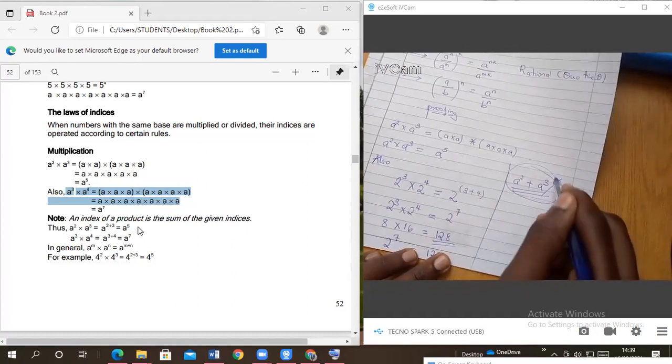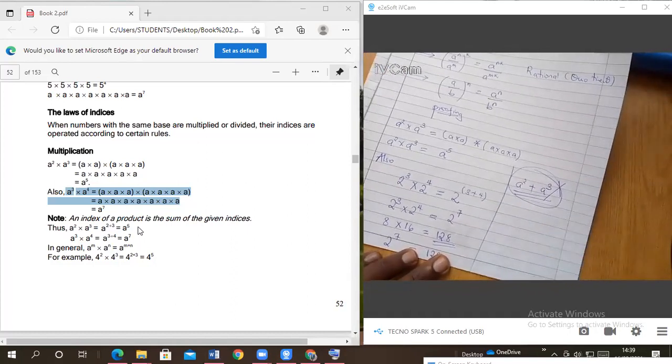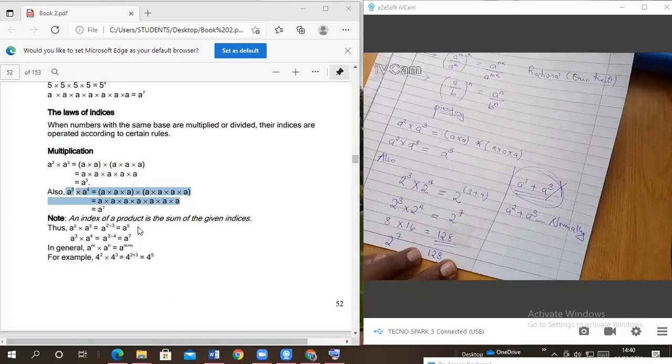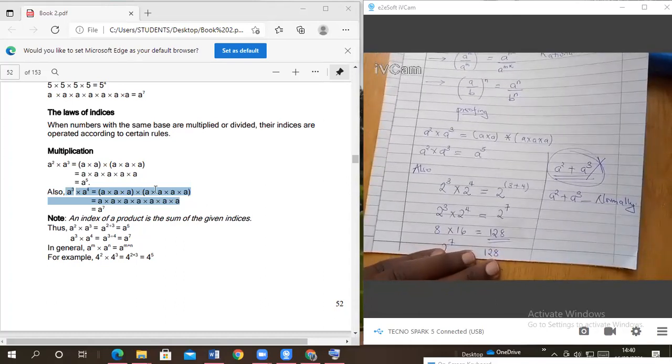Are you together? But if you have a squared plus a cube, this one you add normally. What do you mean adding normally? You just get the answer for this, you get the answer for this, then you add them together, okay? Are you together? Yes.